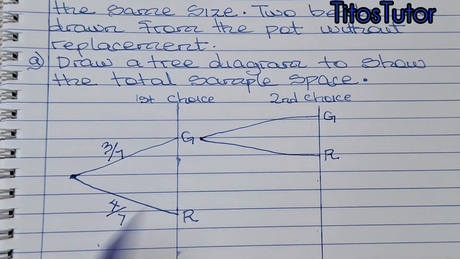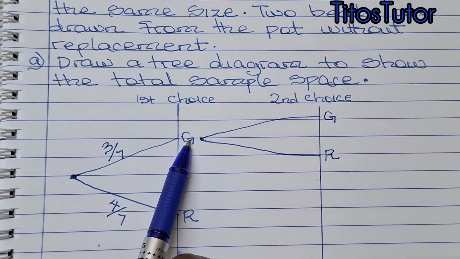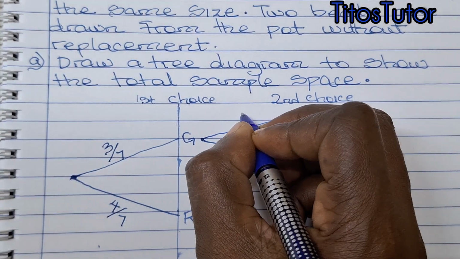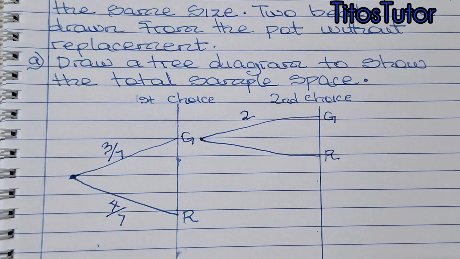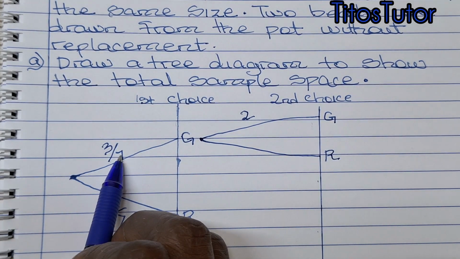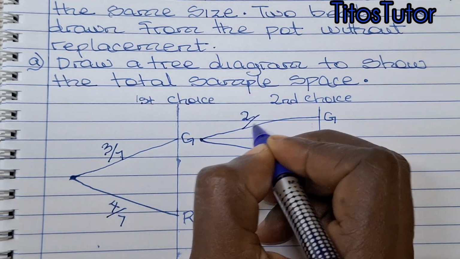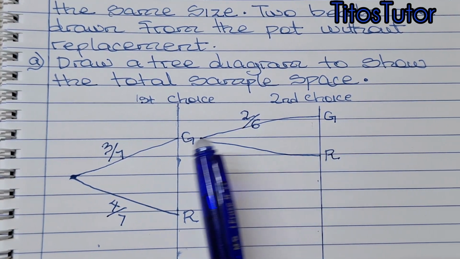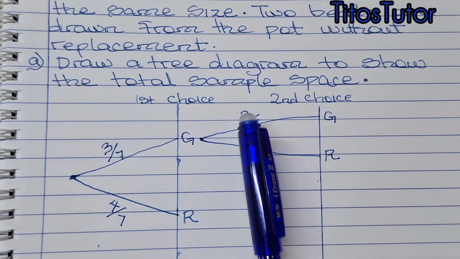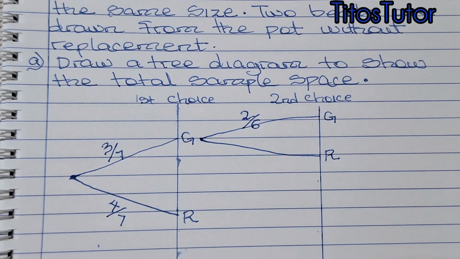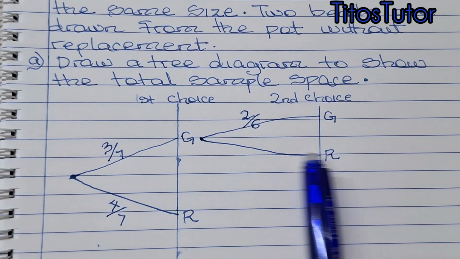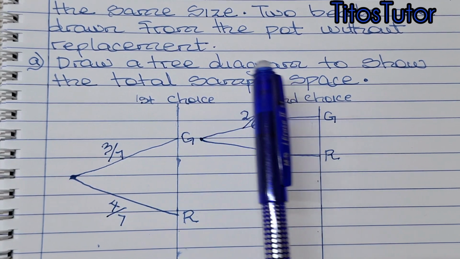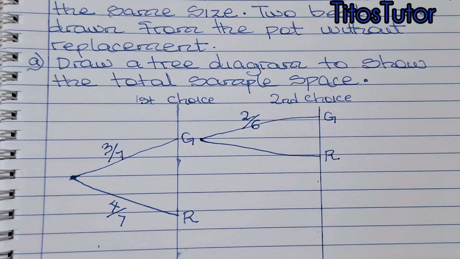So for this point, if it was a green I chose without replacement, my green from 3 is now 2. And my 7 for my sample space is now 6. So to choose a green again after choosing green first is 2/6. Now, to choose a red after choosing green first, my red is still 4 because it was green I chose first.